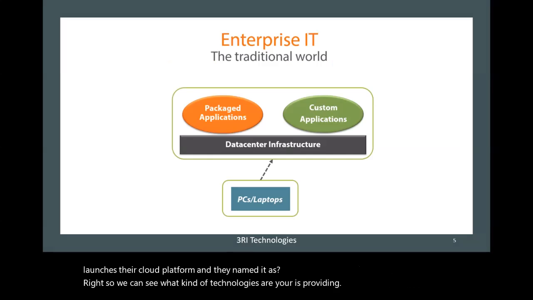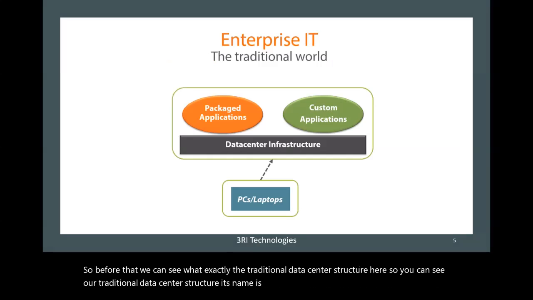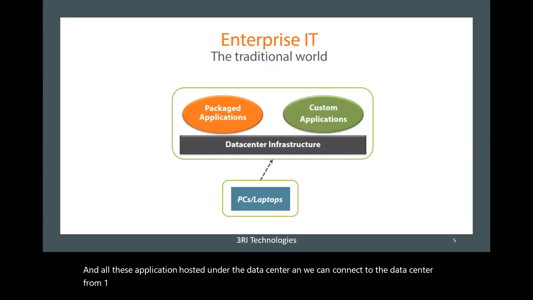Before that, let's see what exactly the traditional data center is. You can see our traditional data center structure: package applications and custom applications all hosted in the data center. We connect to that data center from our PC or laptop with a dedicated line or dedicated tunnel, or a dedicated MPLS link.